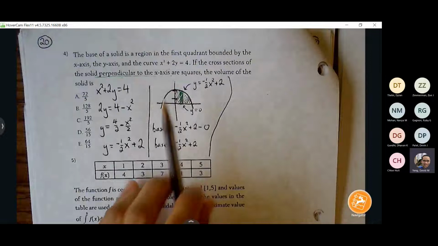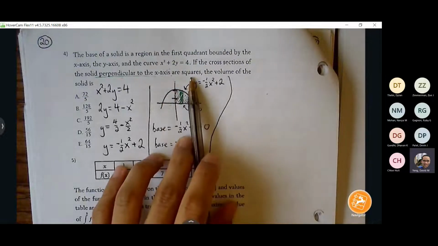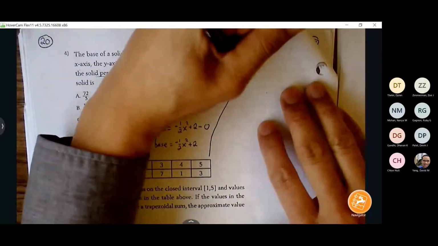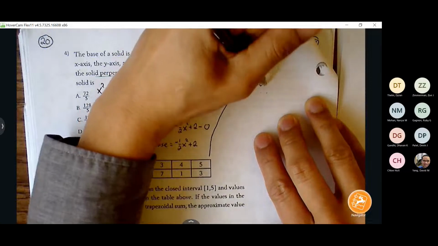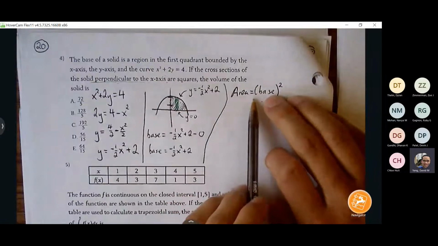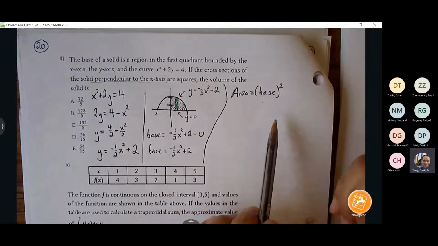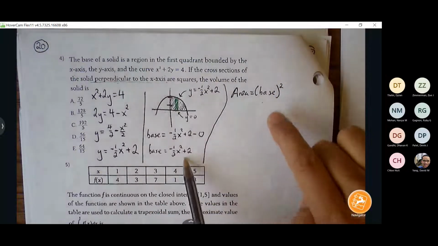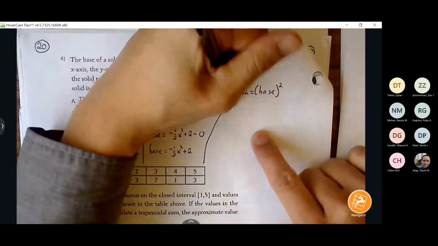Okay. The area formula for a square is base squared. And now we can give it that third dimension with the integral once I insert that in.